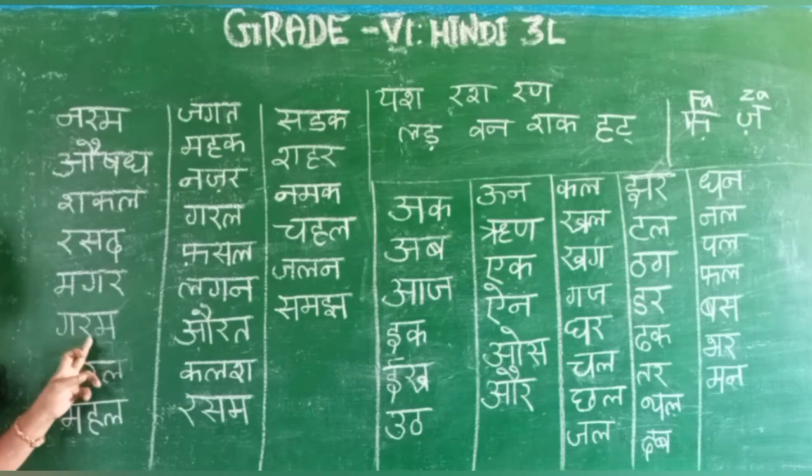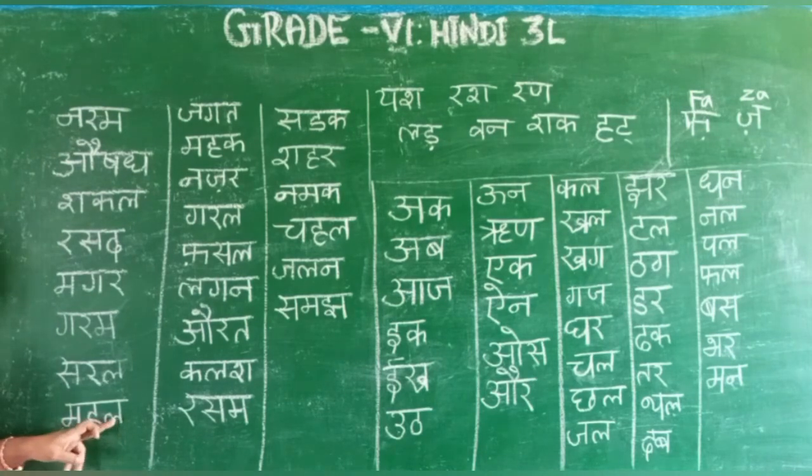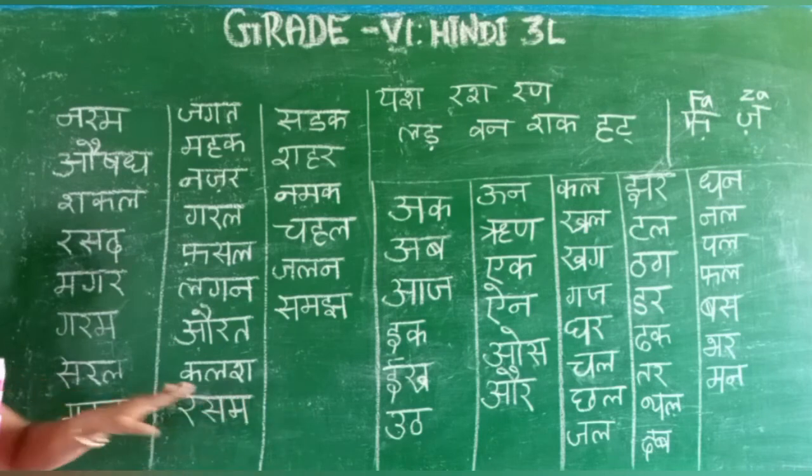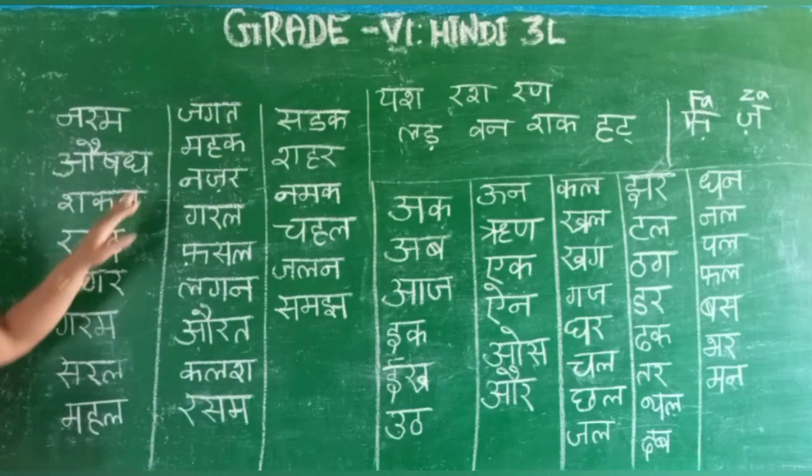Ga, ra, ma, garam. Sa, ra, la, saral. Ma, ha, la, mahal. In these three letter words, the last third letter is considered a semi-consonant sound. Now it's clear the difference between two letters and three letters. I hope you understood that now.